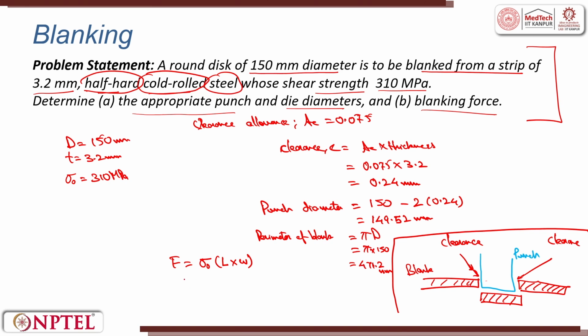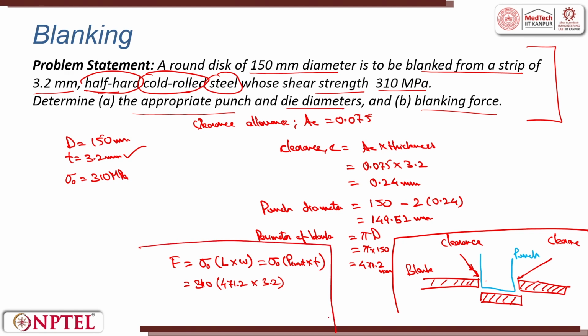Now, force, if I wish to calculate, this is equal to the shear strength 310 megapascals into the length into the width. So, here length is the perimeter which I have calculated, 471.2, times the width. The width here is the thickness, that is 3.2. I will put here the formula as sigma naught into the perimeter into the thickness.